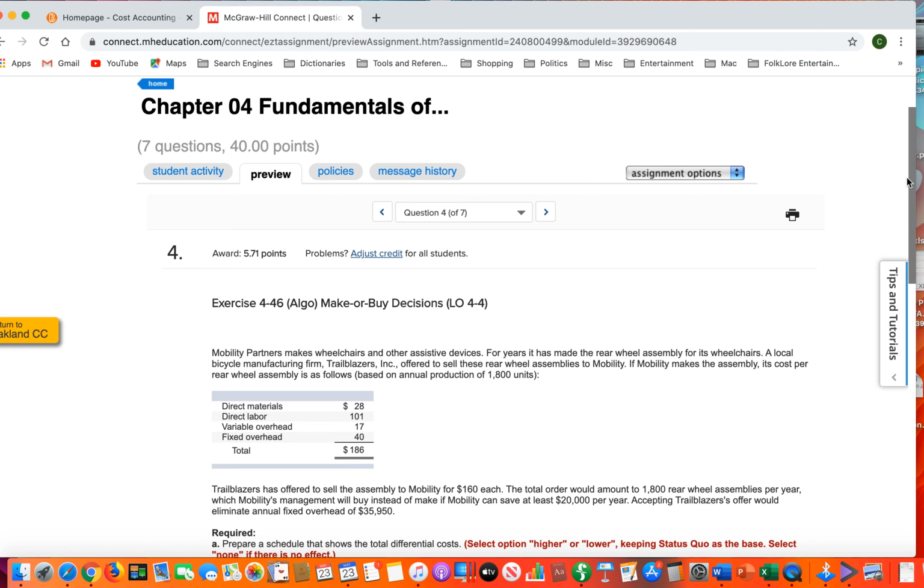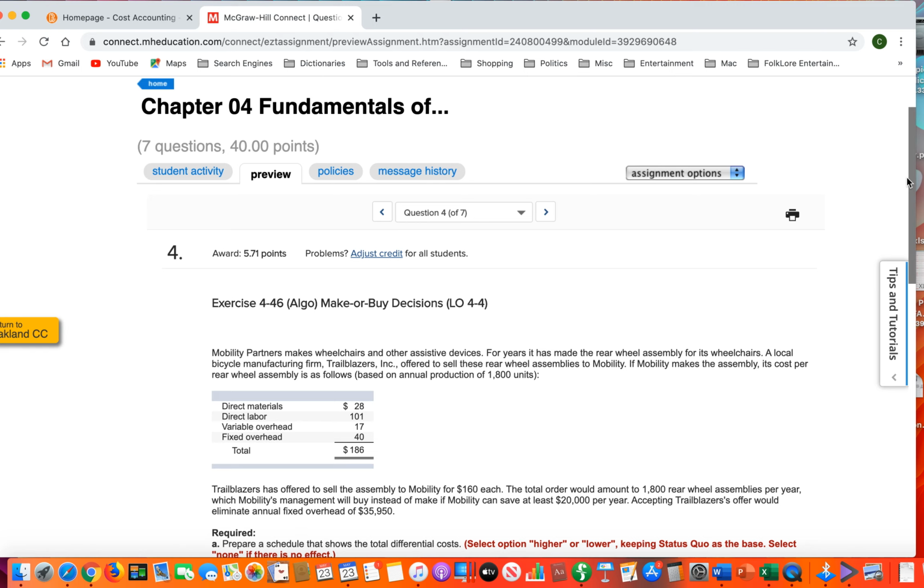They want to save at least $20,000 a year. Now, accepting this order would eliminate some of the fixed overhead, $35,950. Otherwise, they won't even consider the order.